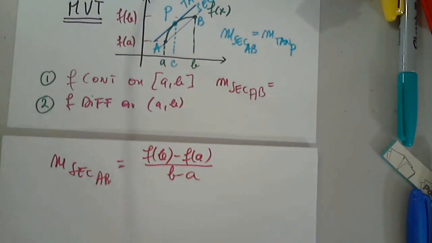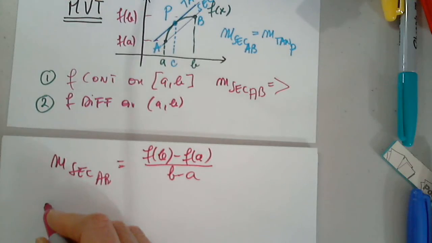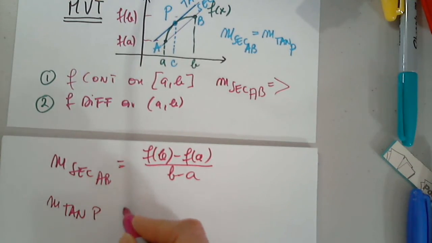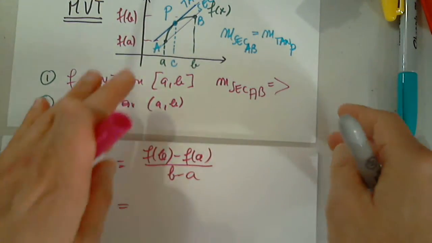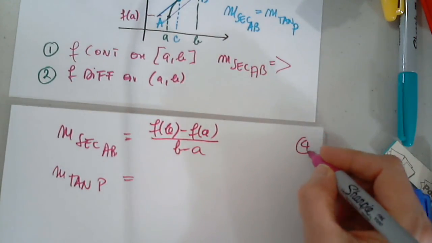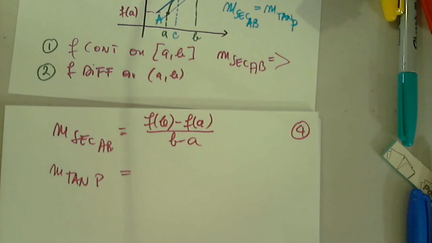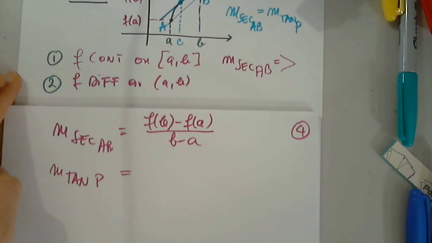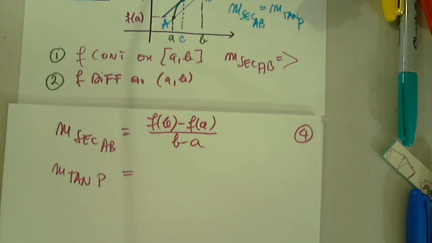Now, can anyone give us the slope of the tangent line at P? It would be f prime of x.